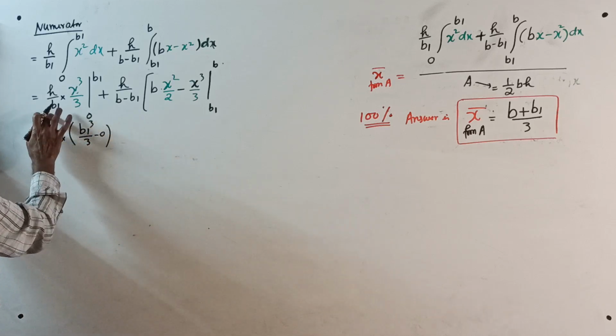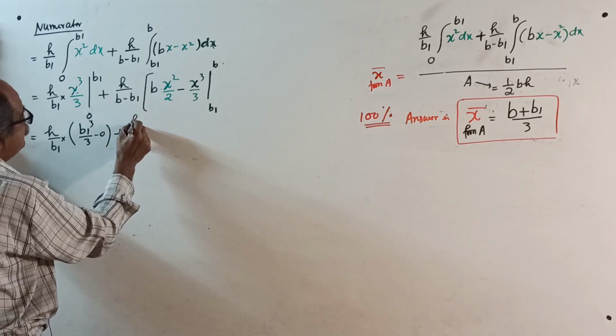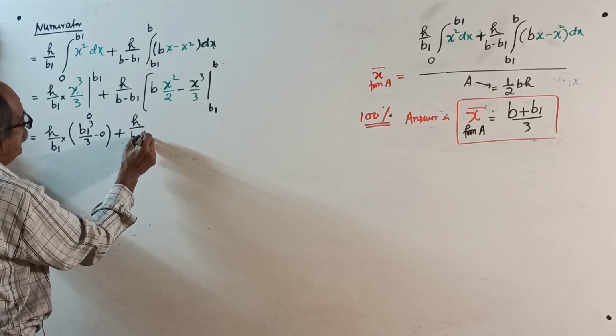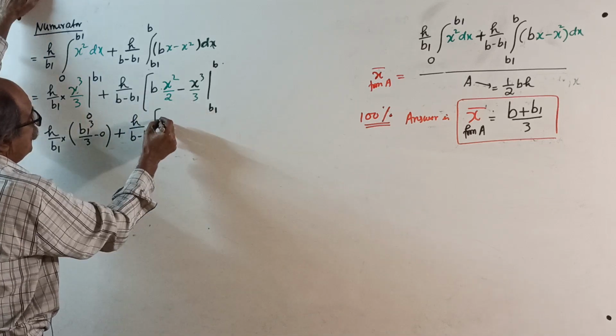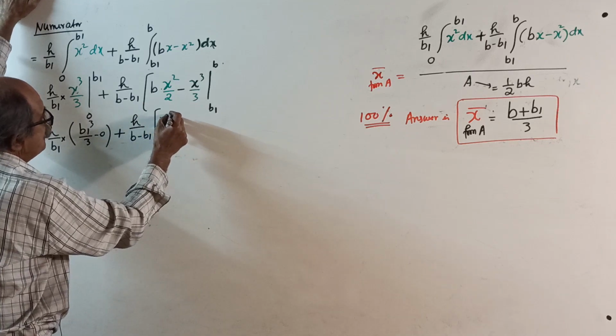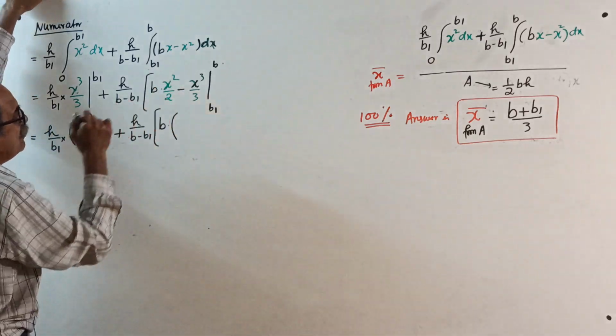minus 0 is this term, plus h by b minus b1 times b into small bracket, x square by 2.